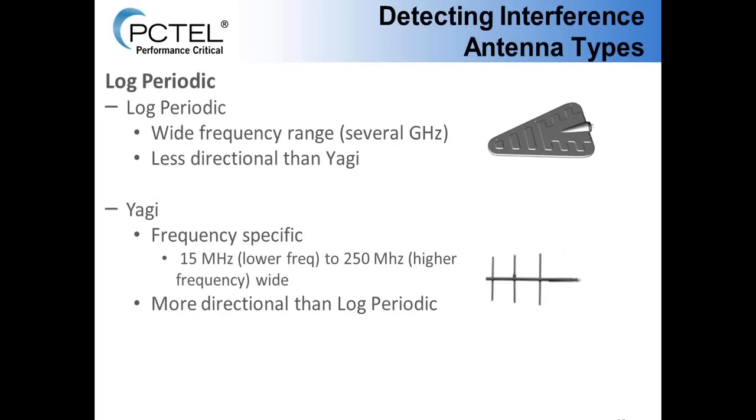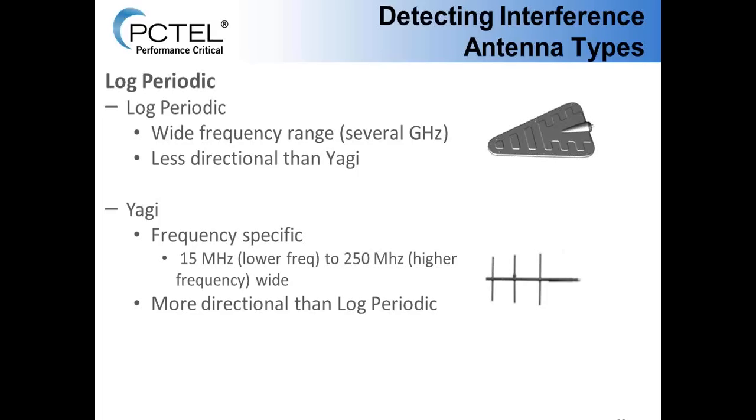With a Yagi antenna, as shown here in the lower right-hand side, these are frequency specific. At a lower frequency, they typically have a very narrow bandwidth, maybe 15, 20, 30 megahertz. Whereas at a higher frequency, maybe 2500, 2600 megahertz, you might have about a 250 megahertz bandwidth with this antenna.